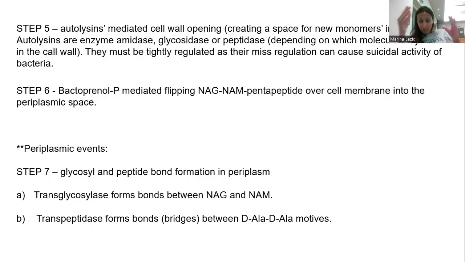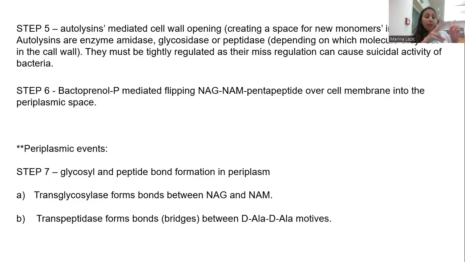So again, now when autolysin has made a space, bactoprenol is the one that mediates flipping of NAG-NAM pentapeptide over the cell membrane. Bactoprenol stays inside. Now you have periplasmic events, where you have all those components required to build the peptidoglycan of the cell. In the next step, happening in periplasm, you have formation of glycosidic and peptide bonds. There are two enzymes involved.